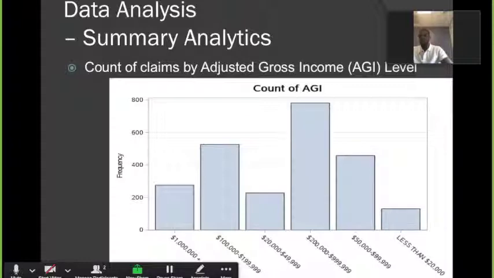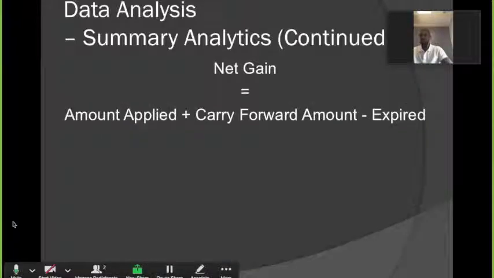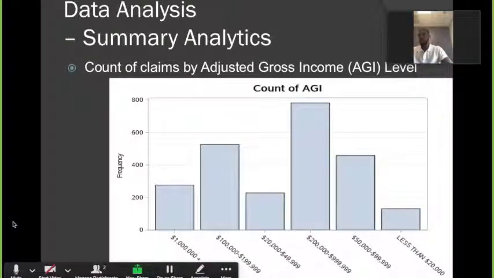So for the analysis, I started off with conducting a series of exploratory summary and analytics. The first question that I was curious to understand was, how many people are actually making claims, and which adjusted gross income group, which will be referred to as AGI throughout the presentation, were claiming to use the tax incentives.